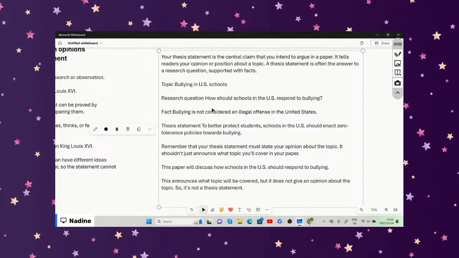It's a claim that you intend to argue within a paper, and it tells your readers your opinion or your position about a topic. And a thesis statement is often the answer to a research question supported with ideas.